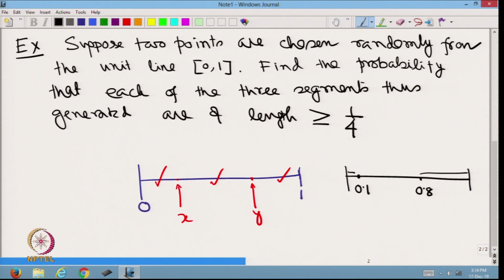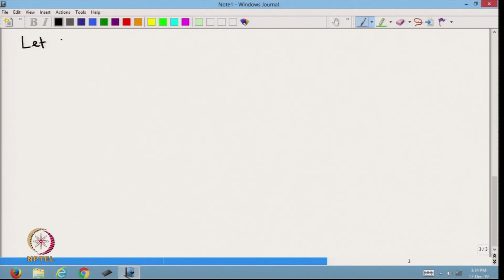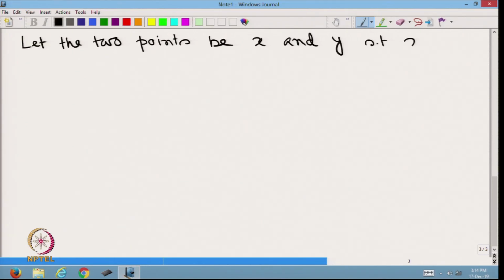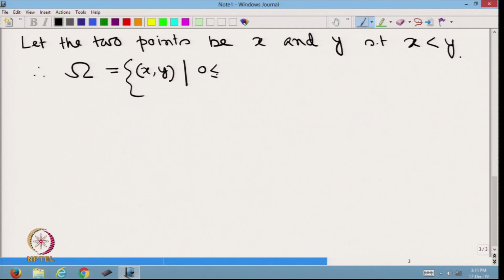Now, let us see how to solve this. So, let the 2 points be x and y such that x is less than y. Therefore, what is the omega? The omega is all those pairs x y such that 0 less than or equal to x less than y less than or equal to 1.